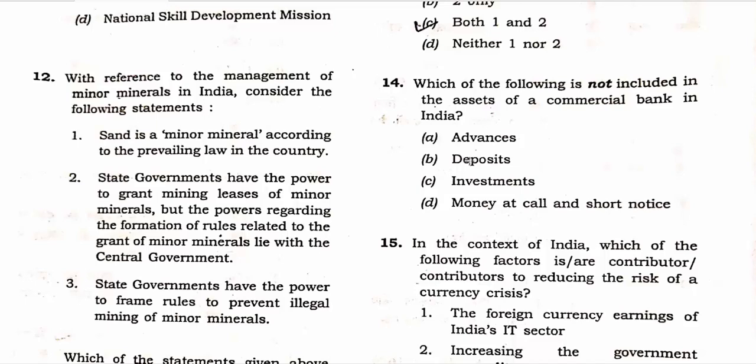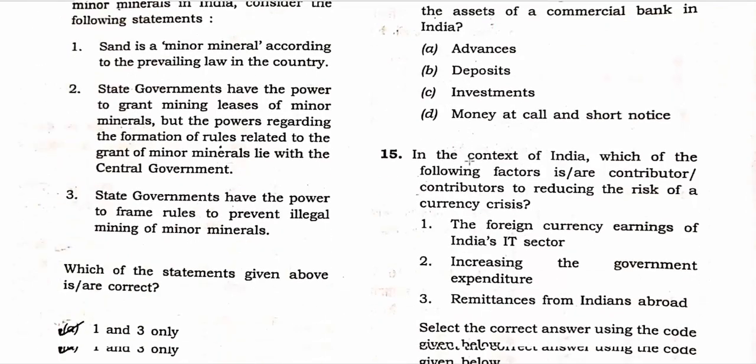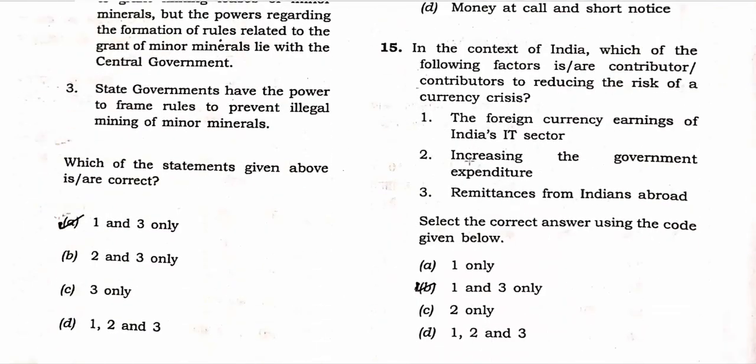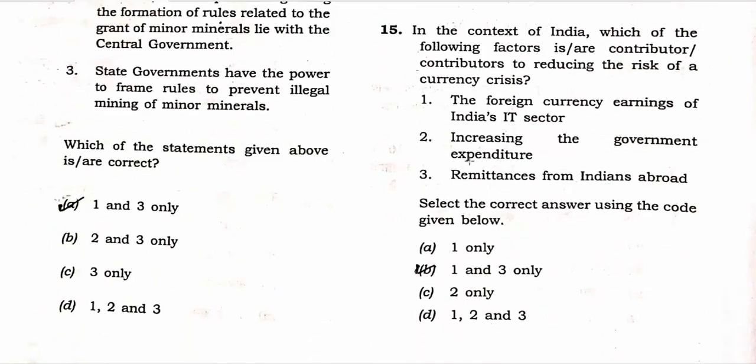Then comes your 15th question. In the context of India, which of the following factors is a contributor to reducing the risk of a currency crisis? In this case, statement 2, increasing the government expenditure, can't be an answer at all, because when the government is spending more, it can't reduce the risk of the currency crisis. So the foreign currency earnings of India's IT sector, remittances from Indians abroad.